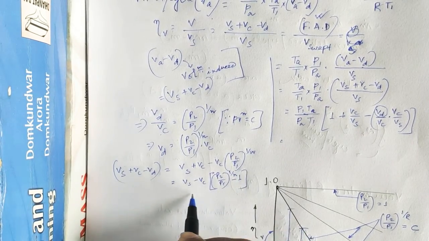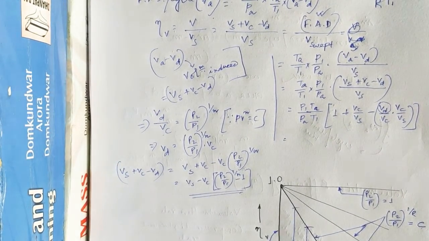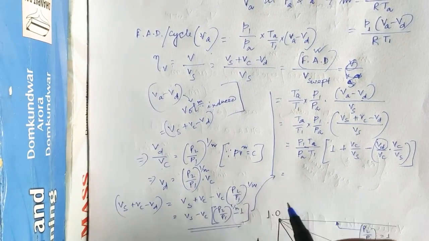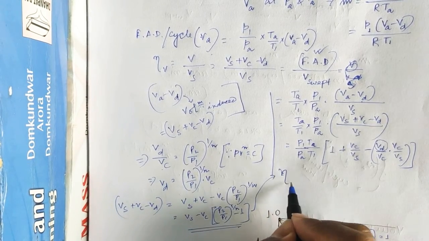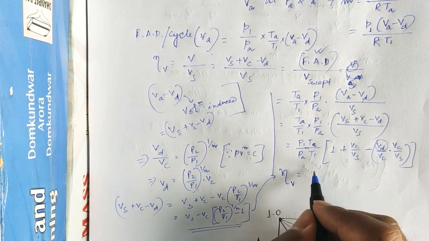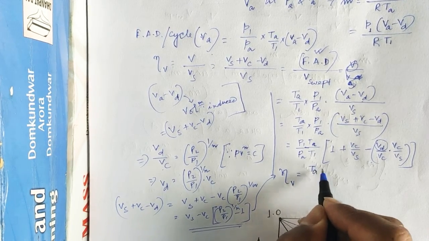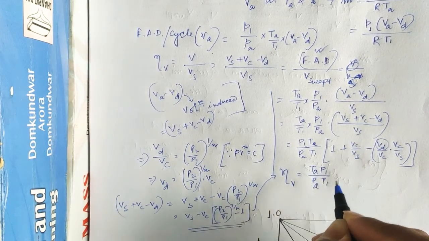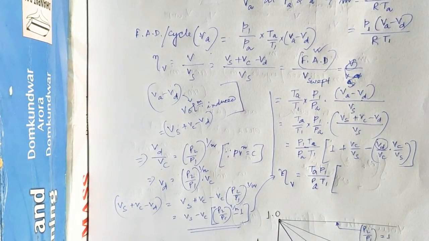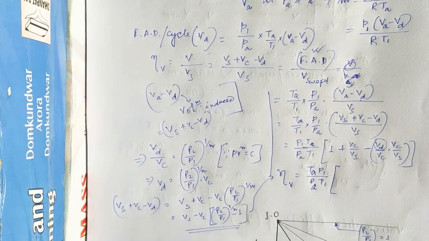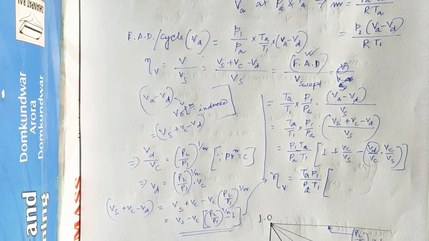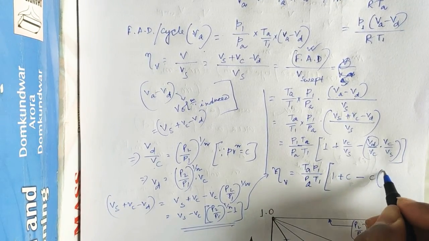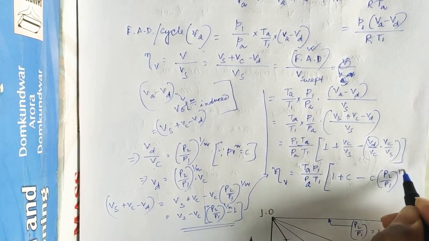Now putting this value in the expression, finally eta V will be equal to (Pa by P1) into (T1 by Ta) into (1 plus C minus C into (P2 by P1) to the power 1 by n).